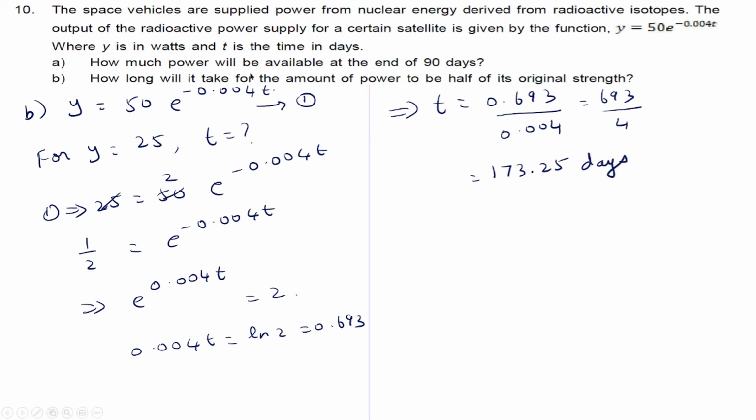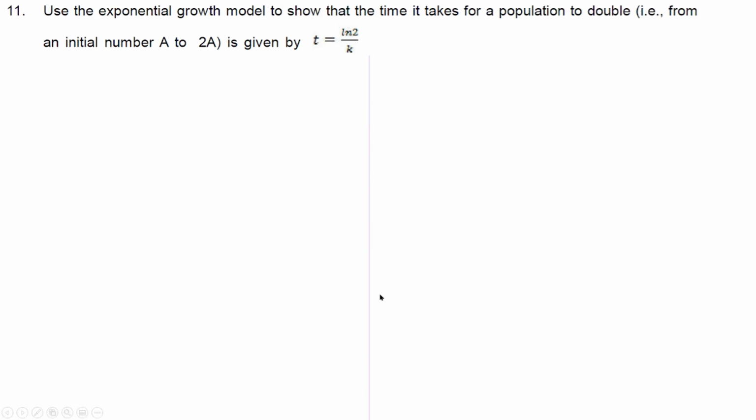Here t is time in days. So the time taken for the amount of power to be half of its original strength is 173.25 days.